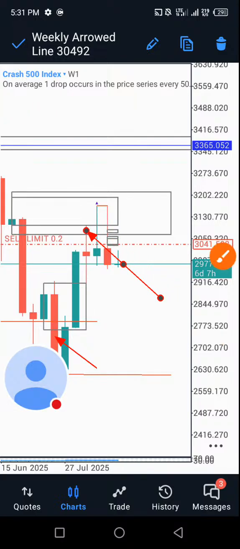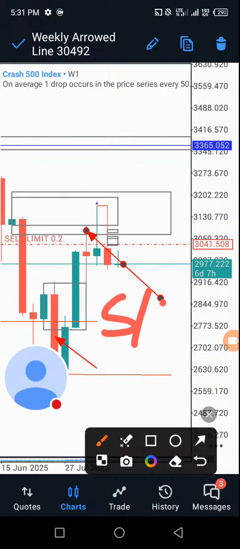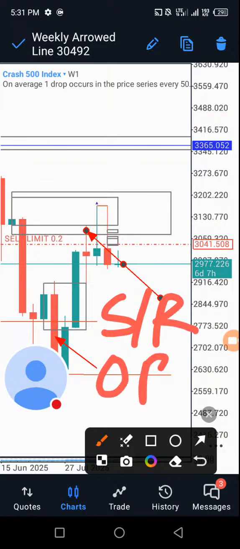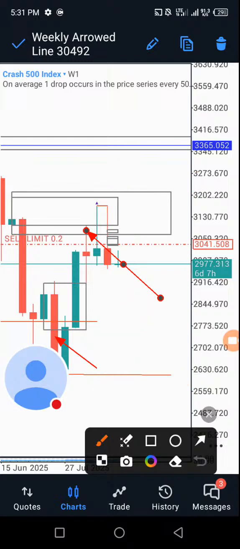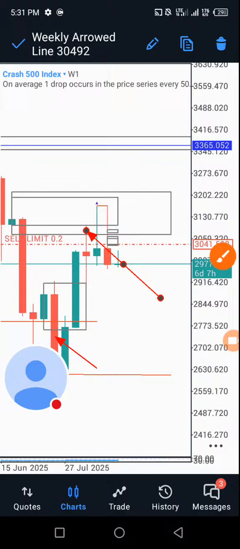Is it at a support or resistance level? Is it at an order block level? Is it at a supply and demand level? So we want to look at that level that is making these candles not pump towards the upside.